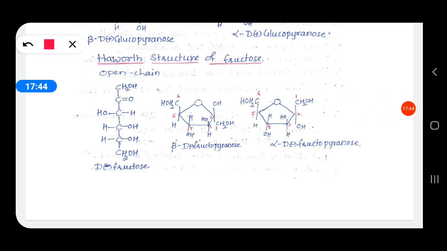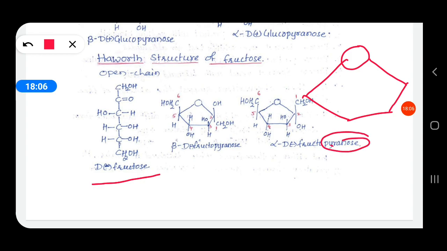In fructose, it is confirmed that a 5-membered ring is present with 1 oxygen. So 4 carbons and 1 oxygen form a 5-membered ring, which is called a furanose ring. It is a furanose ring.